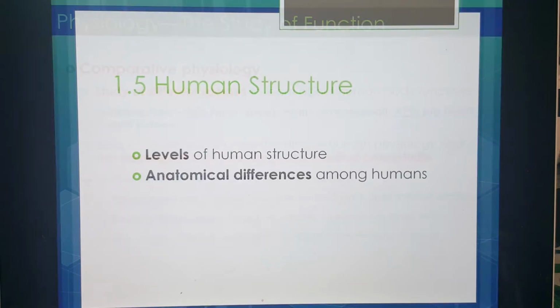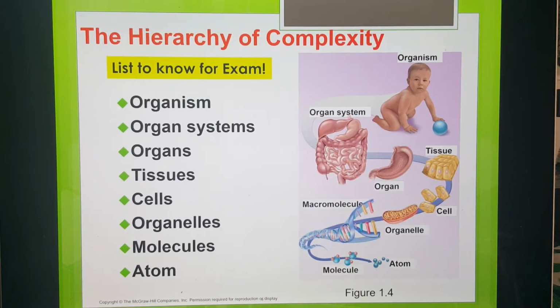Okay, so let's look at human structure. Any organism has some level of complexity. You start off with something super basic, such as the atom, and then you build up from there. This is also how our course is going to go.